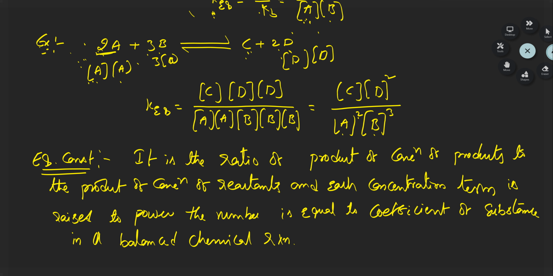In a balanced chemical reaction, that is called the equilibrium constant. Equilibrium constant is nothing but the product of concentration of products by the product of concentration of reactants. It is the ratio, and each concentration term is raised to the power of the number which is equal to the coefficient of reactants or products in a balanced chemical reaction. That is called chemical equilibrium.